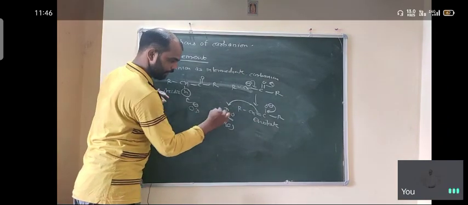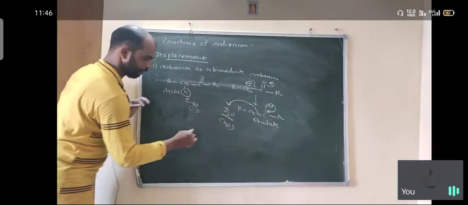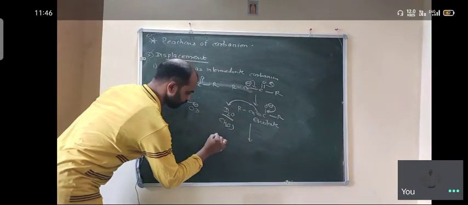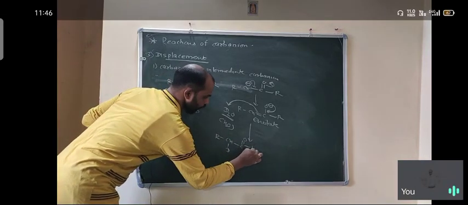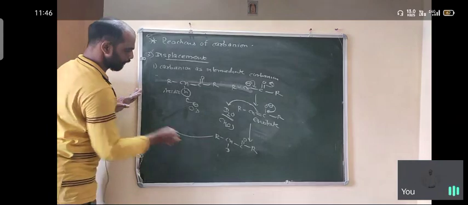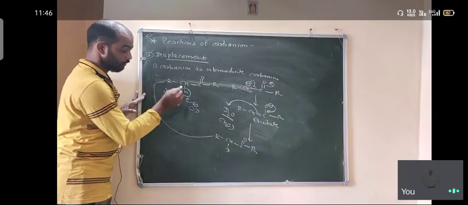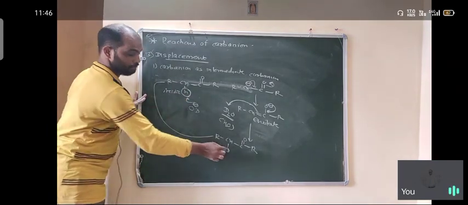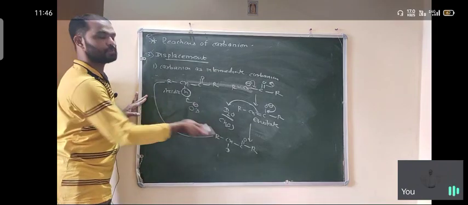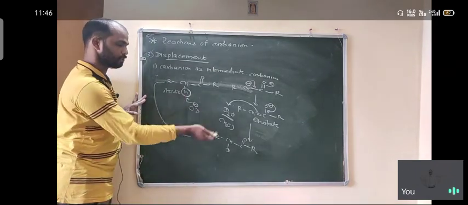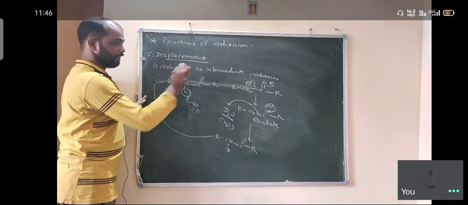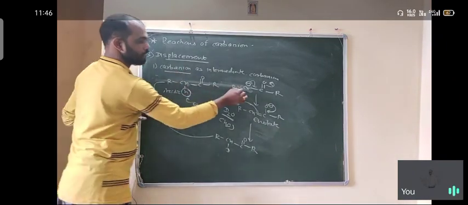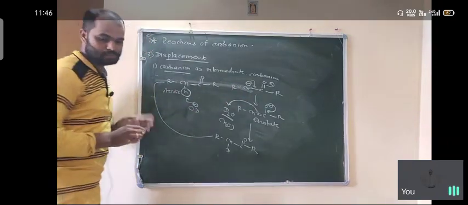This pi electron abstracts the deuterium and forms R CH D C double bond O R. If you compare these two, hydrogen is replaced by deuterium. So this is a displacement reaction. It is just a displacement reaction. In that case, the carbanion forms as an intermediate.